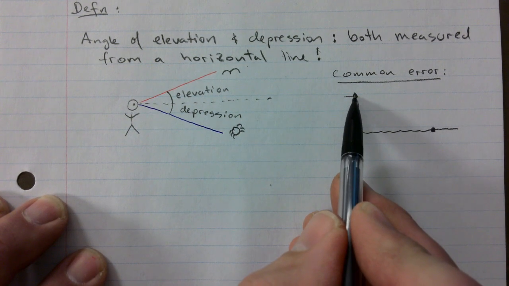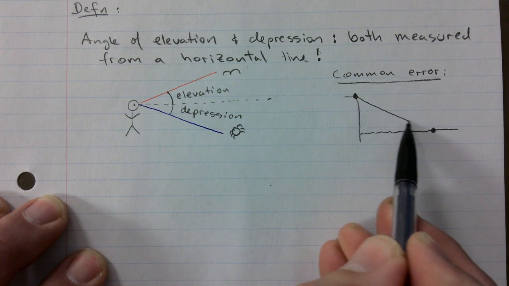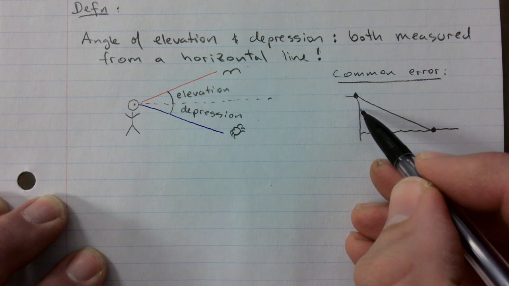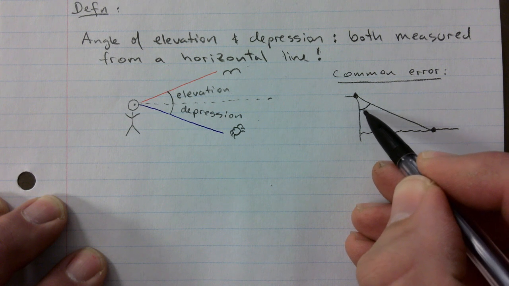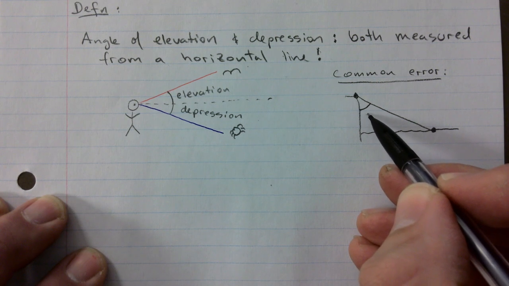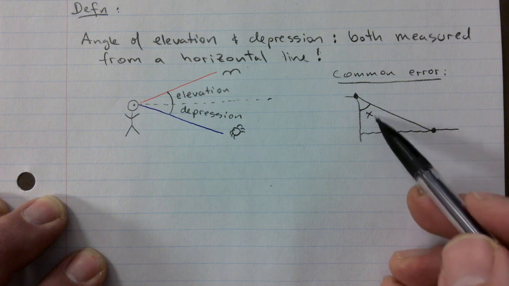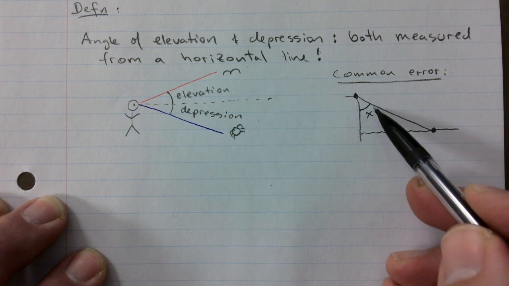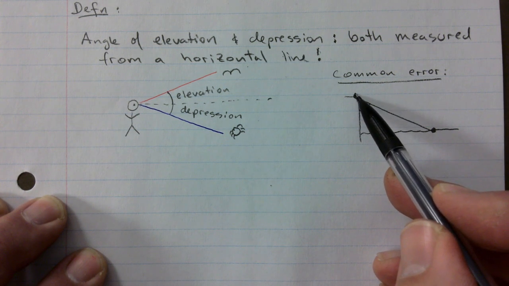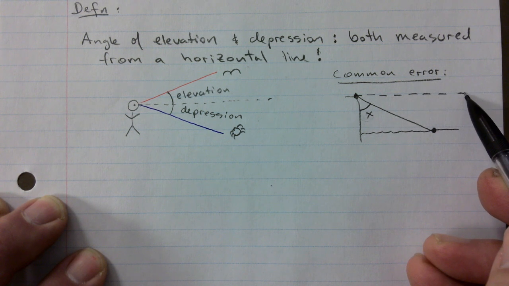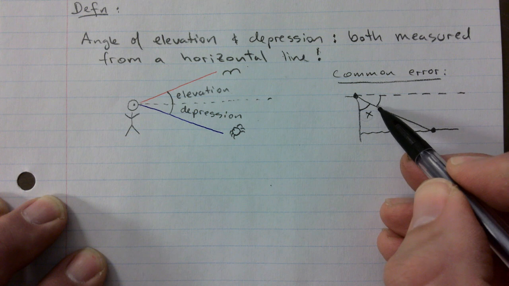So this is actually correct. They'll make a line like this, and they'll say that this is the angle of depression. This is not the angle of depression. Because is there a horizontal in the mix here? There's no horizontal line, is there? So you have to imagine that it is up here. So this is the angle of depression.